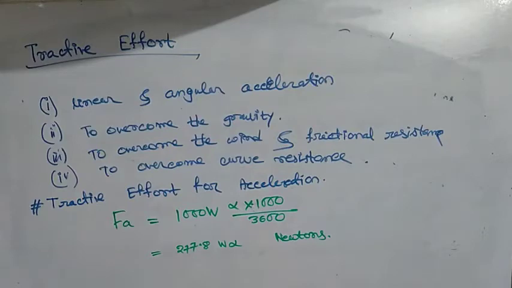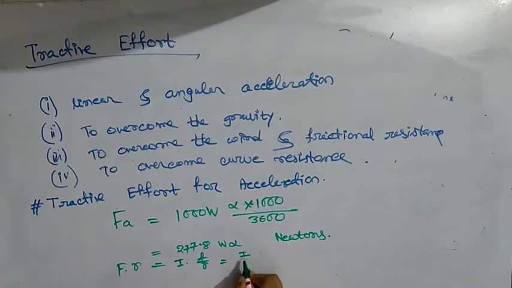Now if I is the moment of inertia of rotating masses and F is the force in newtons applied at the rim of the wheel, the torque applied, that is F into R, where F is the force and R is the radius, is given by F into R equals I into f by R.